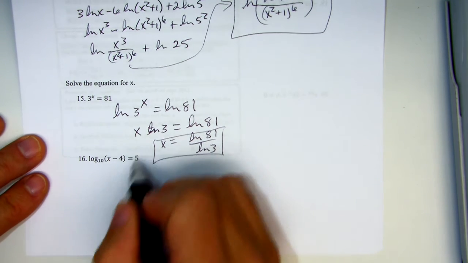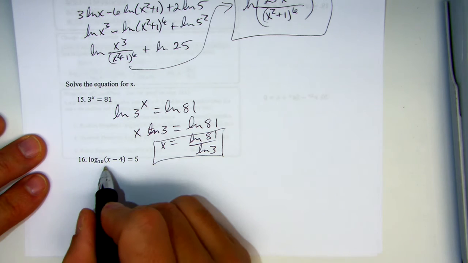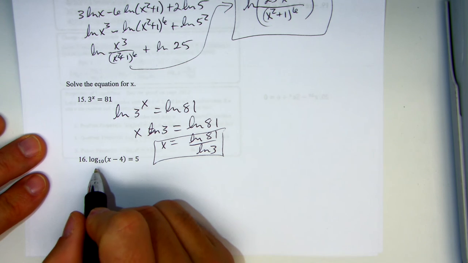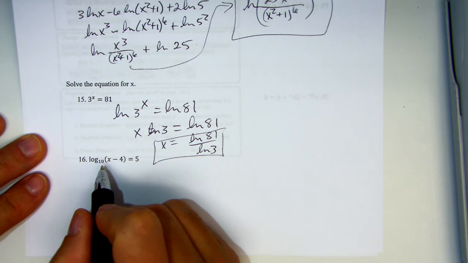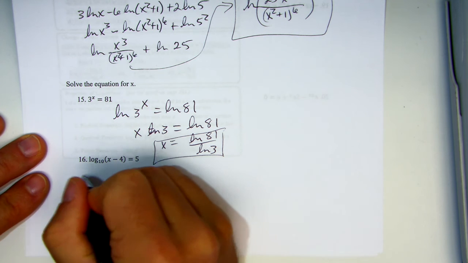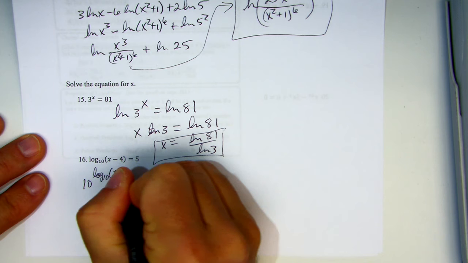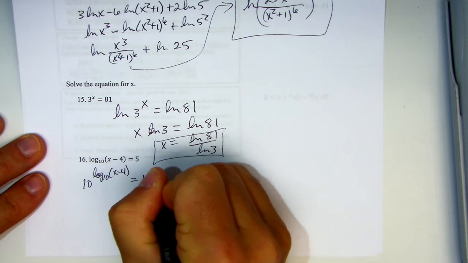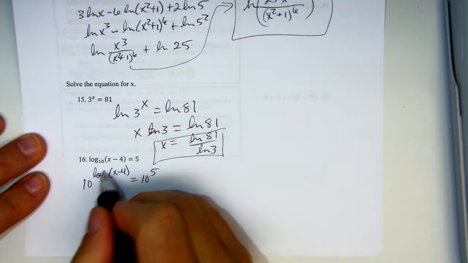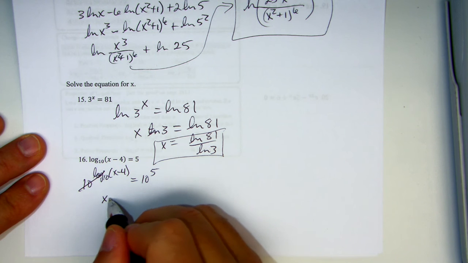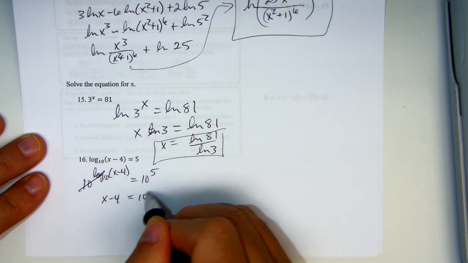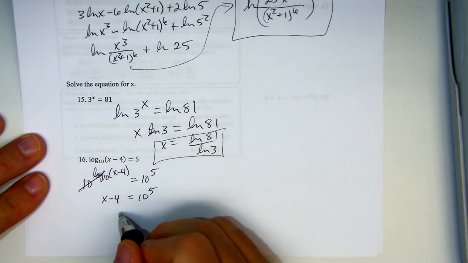Okay, now this one here, not the same thing. I need to get rid of the log base 10. So that means I need to take the base and write it down there and put everything else in the exponent. Then this gets rid of that, and then I add 4.